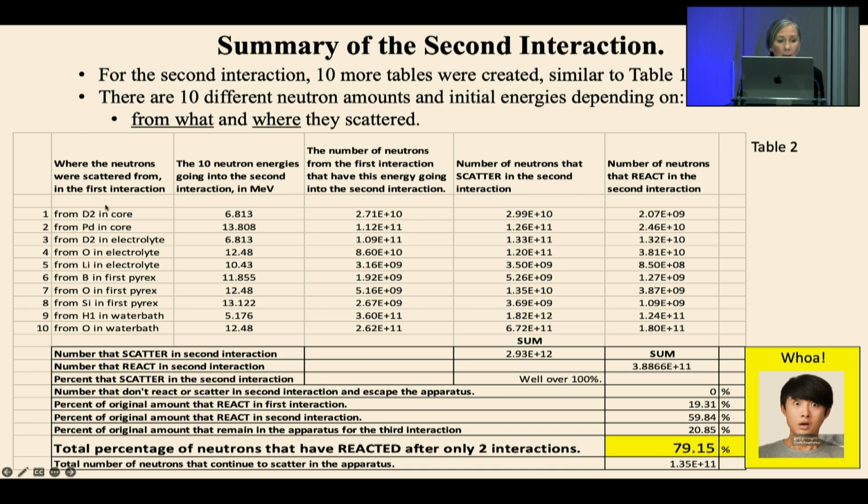Here I have where they scattered from, their energies, the number of neutrons in that situation, and these are the number that scattered in that second interaction, and here are the numbers that react in that second interaction. I've summed them right here. I've got some interesting numbers here, but let's skip down to this one. The total percent of neutrons that have reacted after only 2 interactions is 79%. That's a pretty high number.